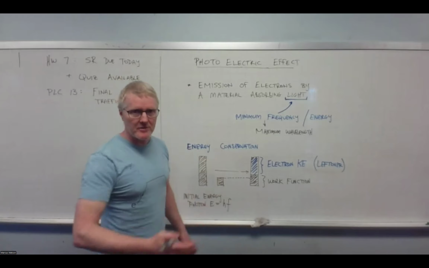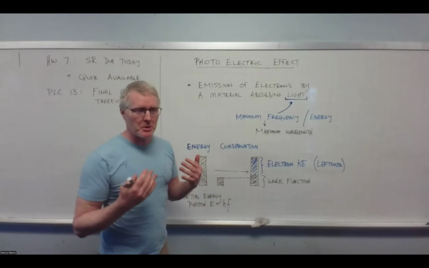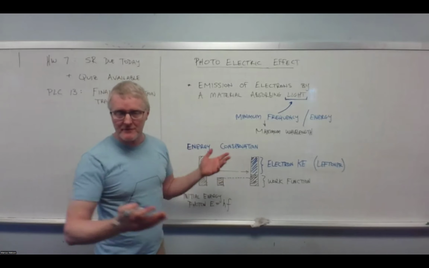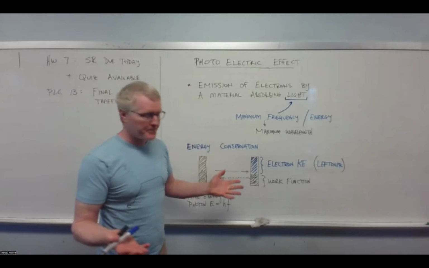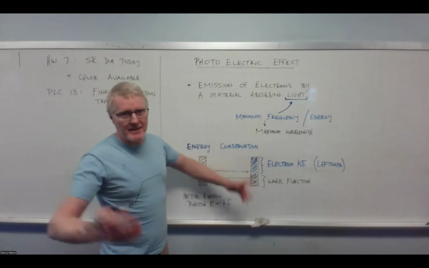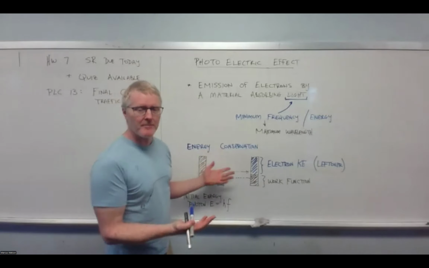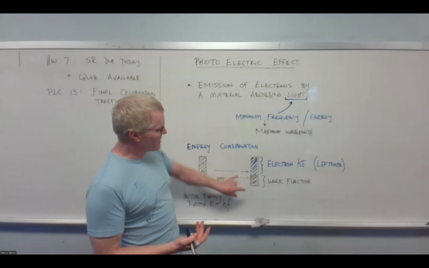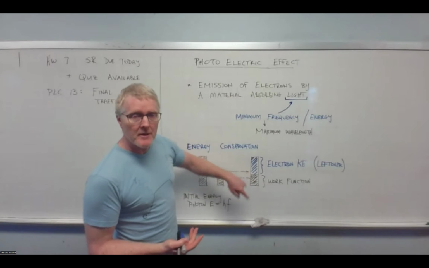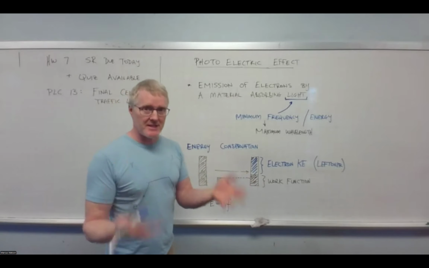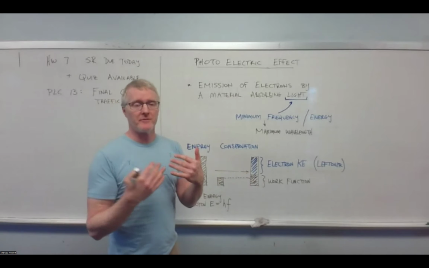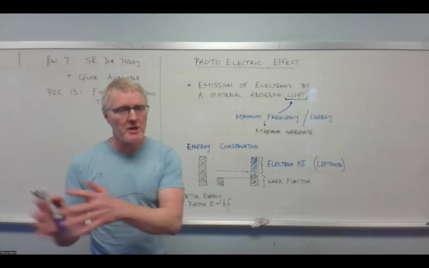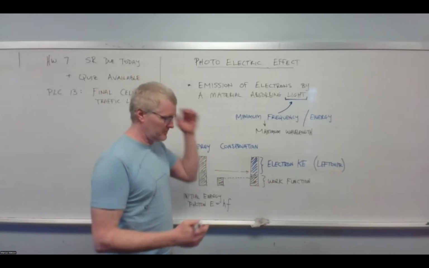You shine light onto the material, you do not get electrons out. You get photons bouncing off, you get reflection, if it's shiny, say. Mostly we're talking about metals, so yeah. Once your photon energy reaches the work function energy, then you will at least start seeing some absorption of the photons and emission of the electrons.